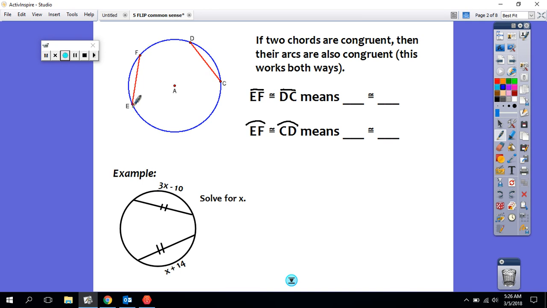So chord EF, the arc that goes with chord EF would be the arc that starts at E and ends at F. So this theorem tells us that if chord EF is congruent to chord DC, then their corresponding arcs are congruent. So that means that arc EF is going to be congruent to arc DC.